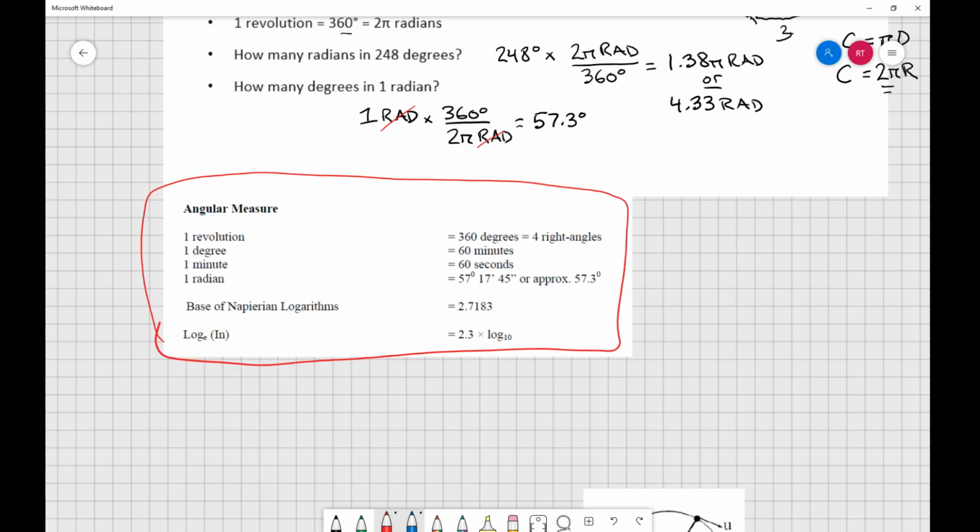That's the only mention of radians, and it tells you 1 radian is about equal to 57.3 degrees. So if all else fails and you forget those conversions, you have that to fall back on.